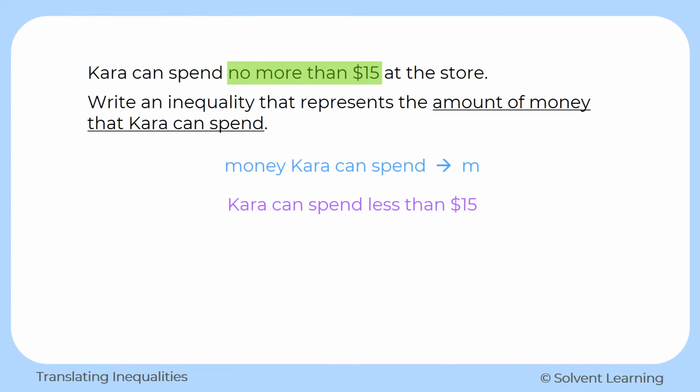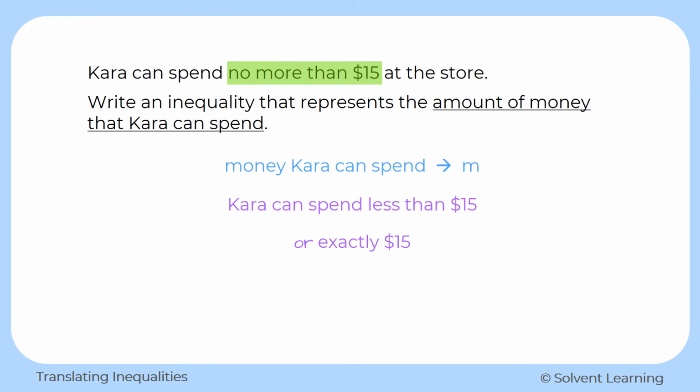And then we ask ourselves, can she spend exactly $15? And she can. When they say no more than, it means that $15 is the highest she can go, but she can spend exactly $15.